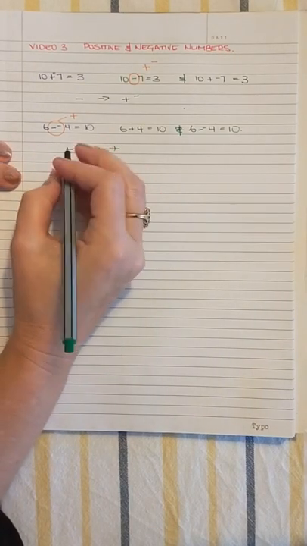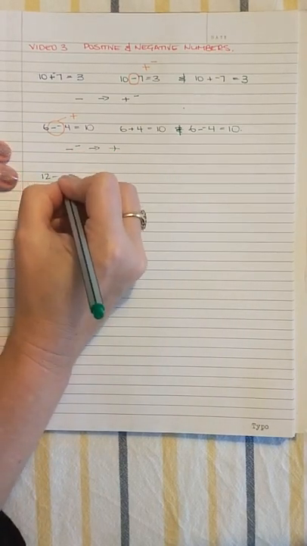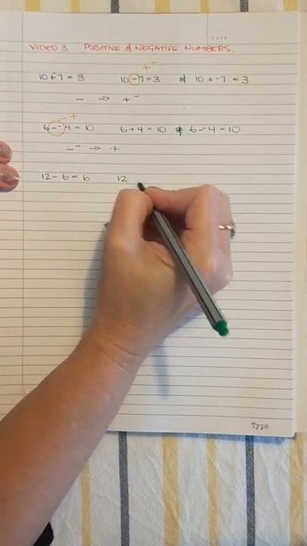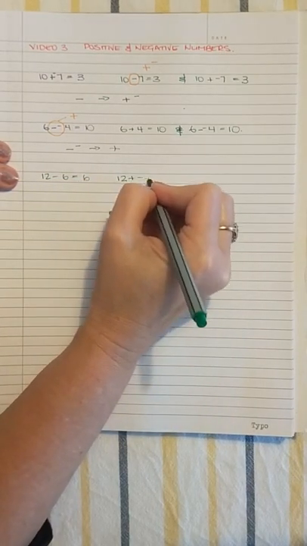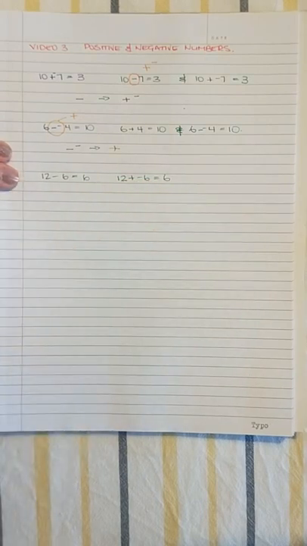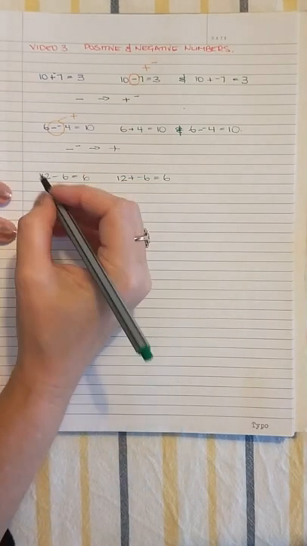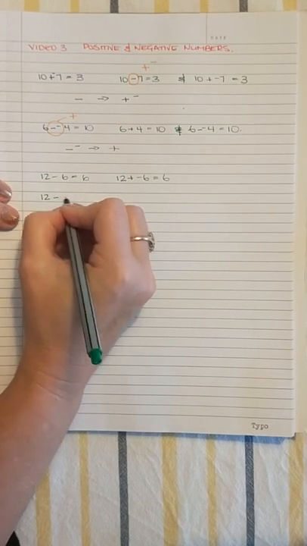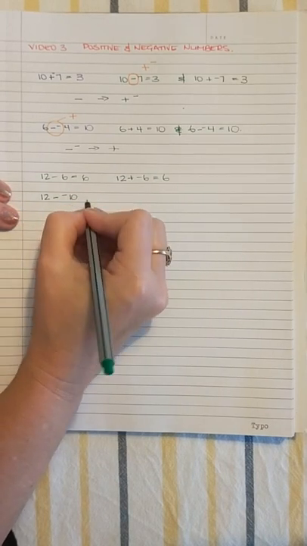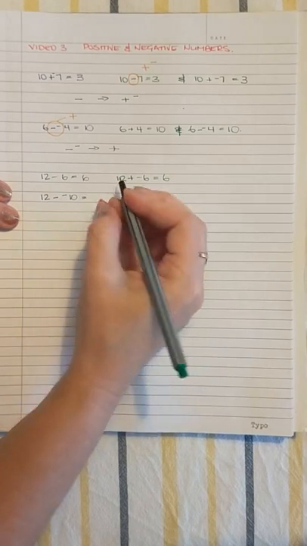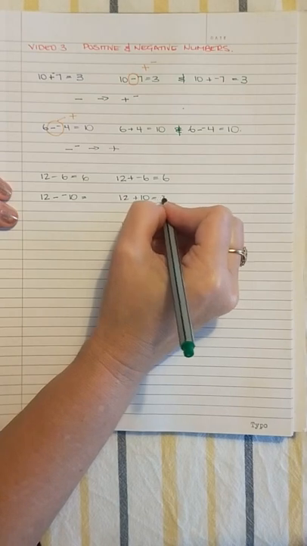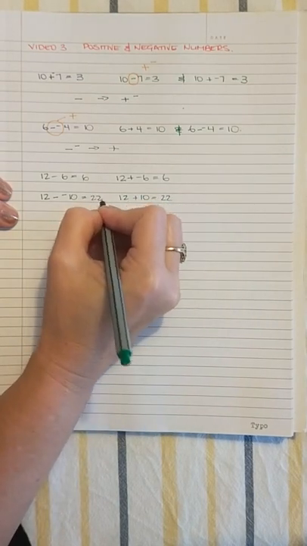So let's do 12 minus 6 equals 6. The other way to write it would be 12 plus negative 6 equals 6. And the other version, let's say it is 12 minus negative 10 equals, well, it equals the same as 12 plus 10, which equals 22.